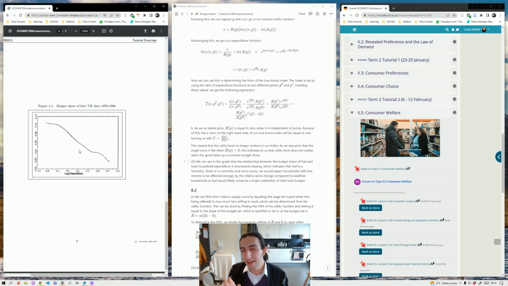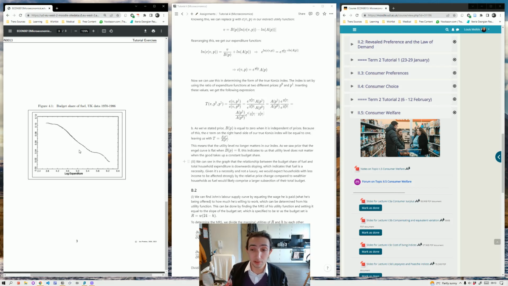So if it's a necessity, it's going to affect poorer households more. Think about a rich household: when the price of food goes up, they're not really going to be concerned because that's a tiny part of their income. If it goes up by like 50 quid, that's not really something that's going to bother them too much. That's not a big percentage of their income.